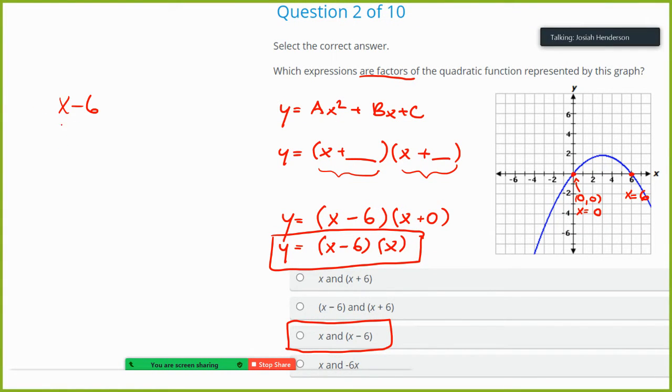Because we're asking what makes this whole parentheses equal 0. Well, x would have to be positive 6. That's what we know from our picture. So then we kind of flip it and make it backwards for our factor. Any questions so far? Comments, please.